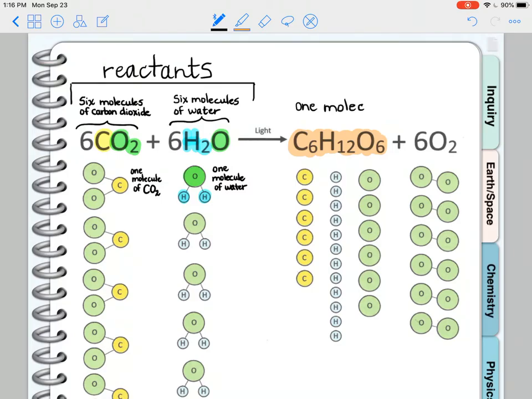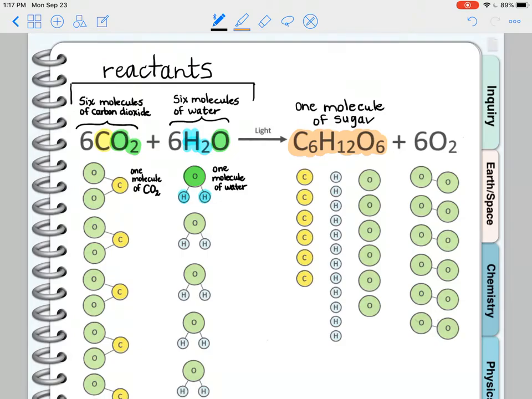And I'm just going to call it sugar because I want you to think of it in as practical terms as you can. So this is one molecule of sugar. Technically, these need to be combined for it to be a molecule. I just didn't do that for the sake of confusion. And again, I'm going to show you something here in just a second where I need them to be in a line. So, one molecule of sugar.